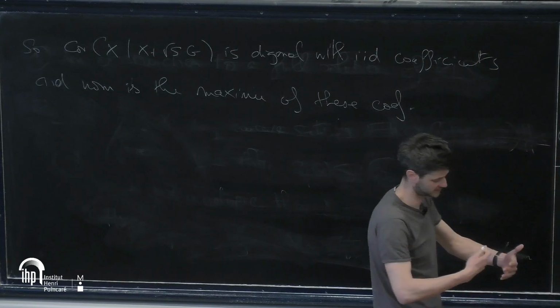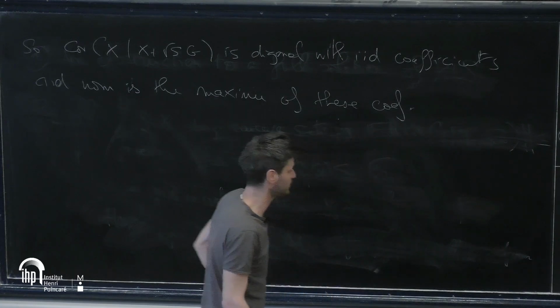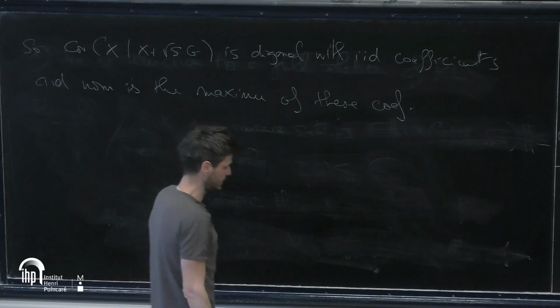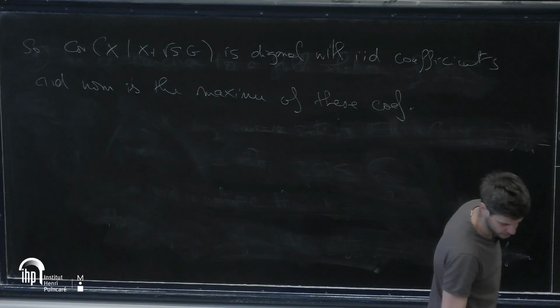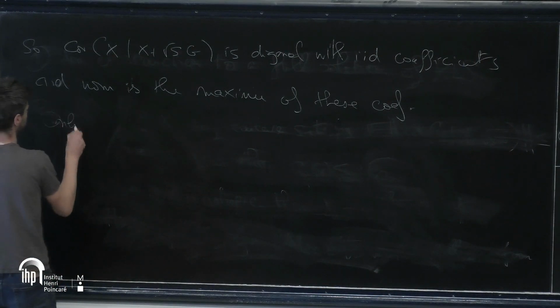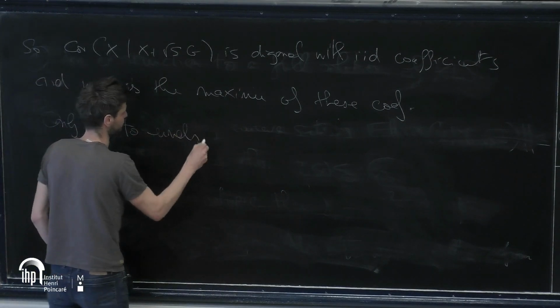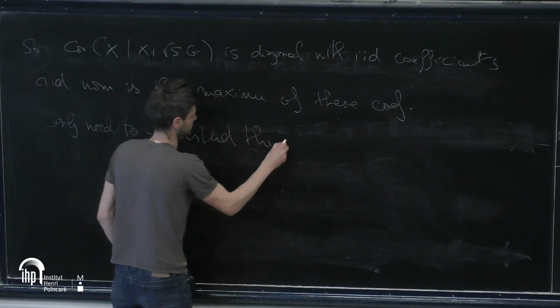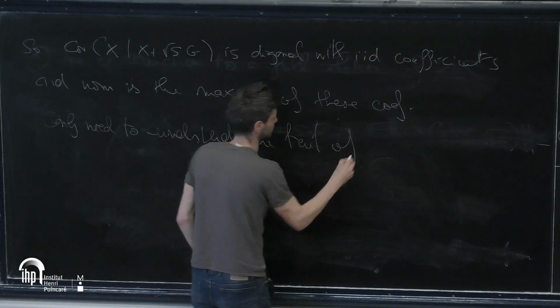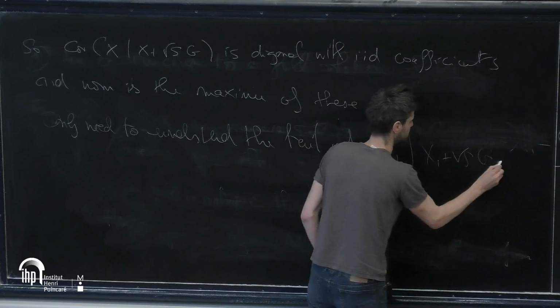So I only need to look at the tail of this one-dimensional variable. So we only need to understand the tail of x1 conditioned on x1 plus square root s g.